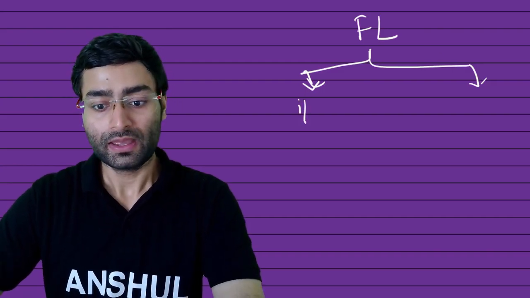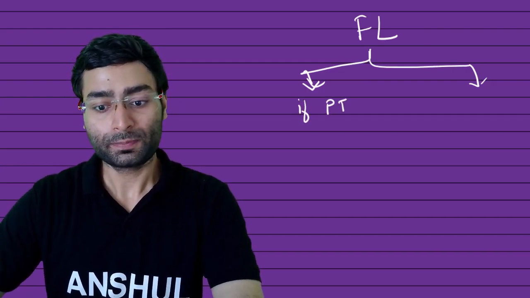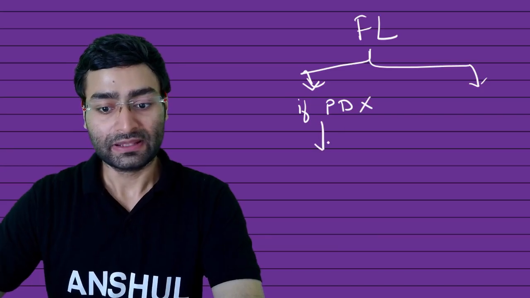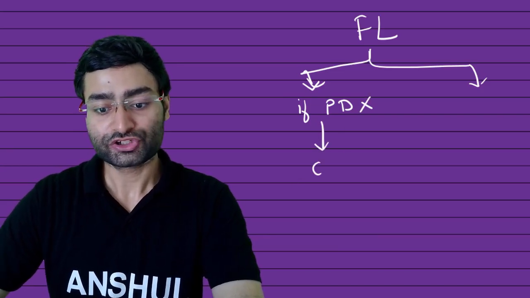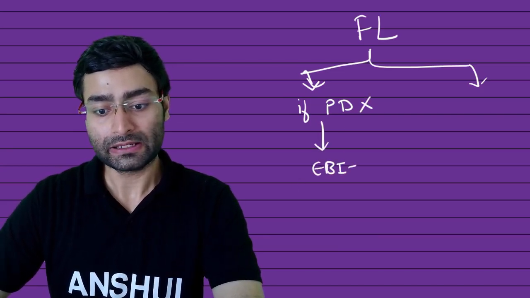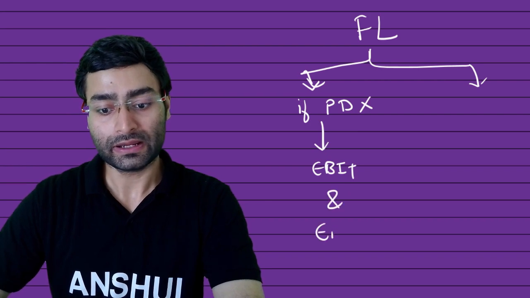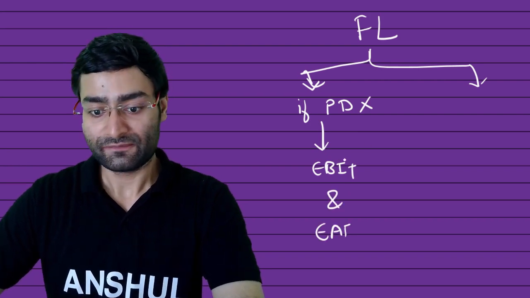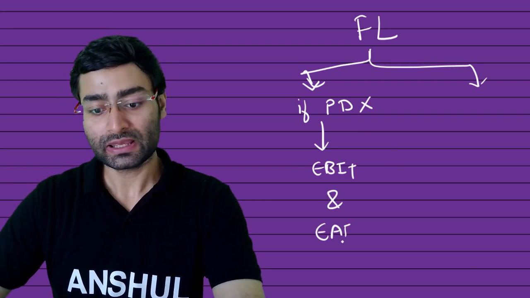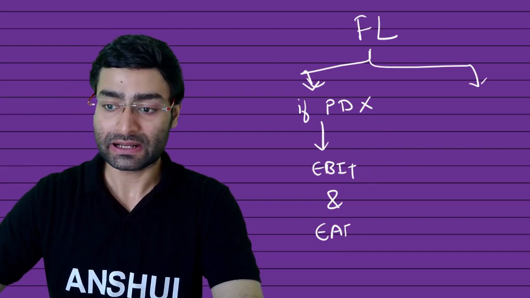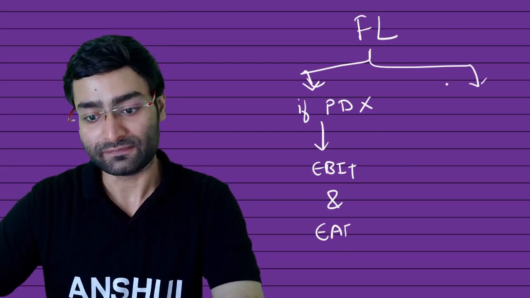If I summarize financial leverage, there are two types of financial leverage formula, and two types of interpretation also. If there is no preference dividend, then financial leverage is the relationship between EBIT and EAT. If EBIT changes by 1%, the EAT will change by 1% multiplied by the financial leverage.